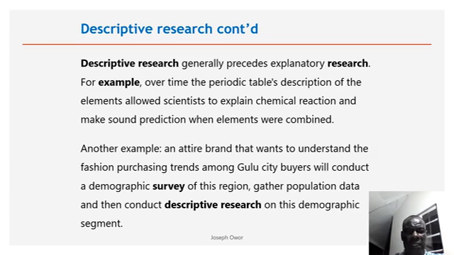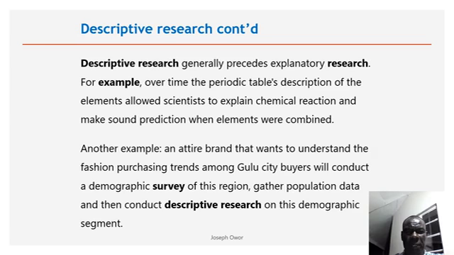An example here is the periodic table's description of the elements. Over time, the periodic table's description of the elements allowed scientists to explain chemical reactions and to make sound prediction when elements were combined. Long time ago, somebody discovered the periodic table in chemistry.